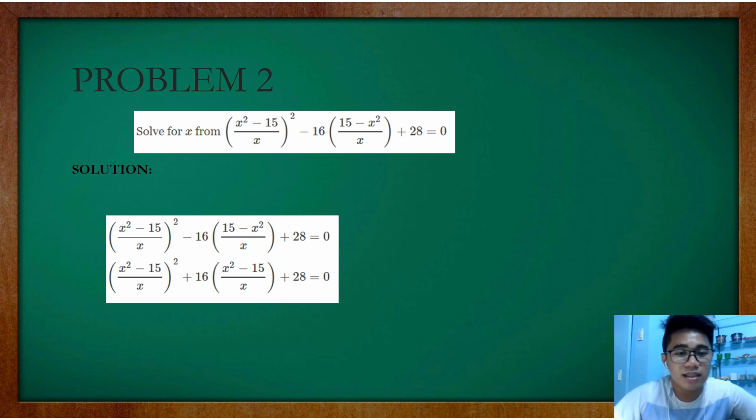So, that will be positive 16 x squared minus 15. Okay? The same lang po yan sila ng value. Okay? Kahit na i-check nyo pa po sa calculator ninyo, mag-substitute kayo ng value ng x, the same lang po yung value.